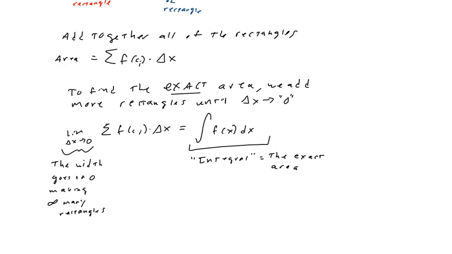So the idea here is that the rectangles get smaller and smaller. As the rectangles get smaller, we get a better and better approximation of these curves. So for example, here's what it looks like when you decrease the width of the box, you increase the number of rectangles, right?